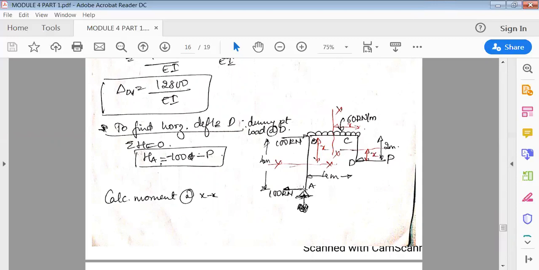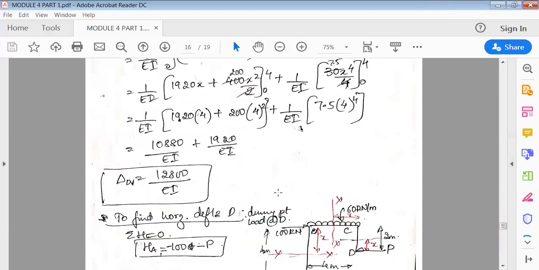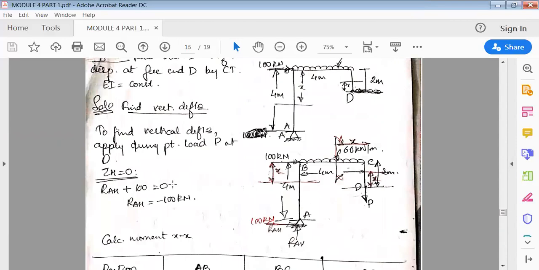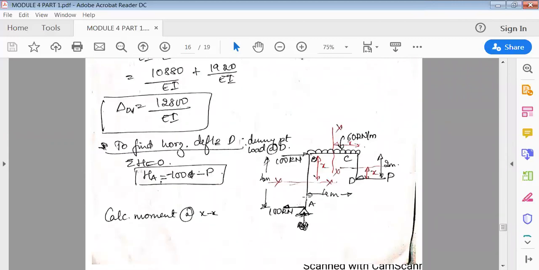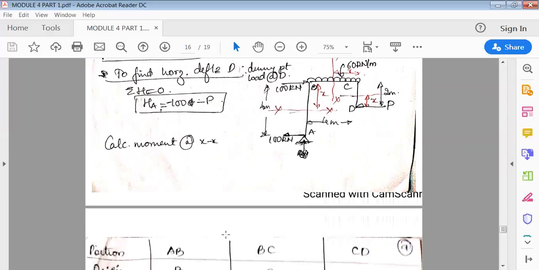We know that 100 kilonewton is acting to the right side and P is acting to the left side, and RAH, which we have already found out, is acting to the left side. So HA is equal to minus 100 minus P. We are more interested in this value P. Now let us calculate the moment.